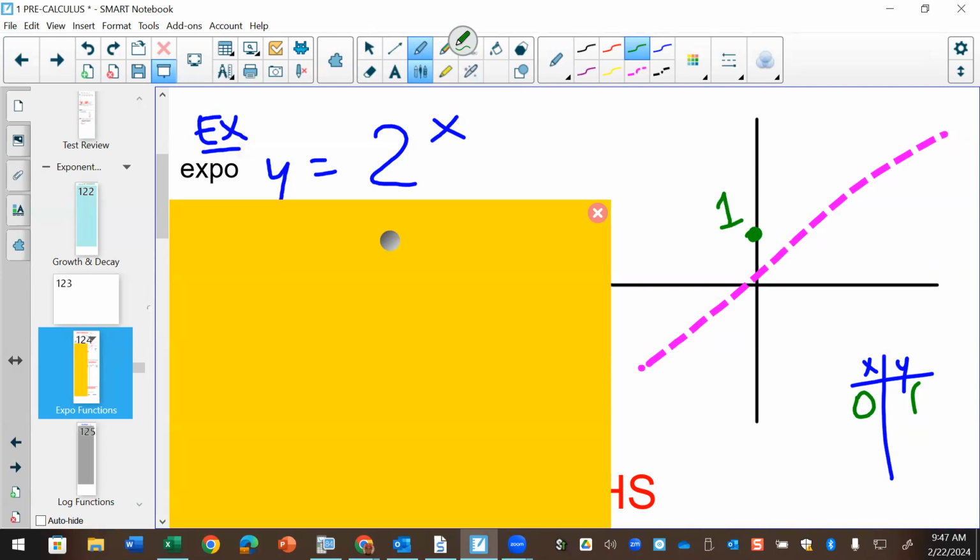I still don't know what it looks like. Let's plot 3 more dots here. Put in a 1, don't strain yourself. 2 to the first is 2. And put in a 2: 2 squared is 4, and 2 to the third is 8. So put those 3 dots in.